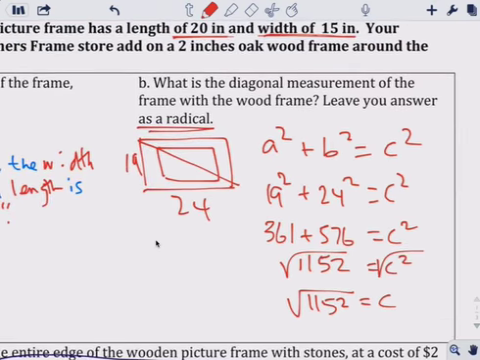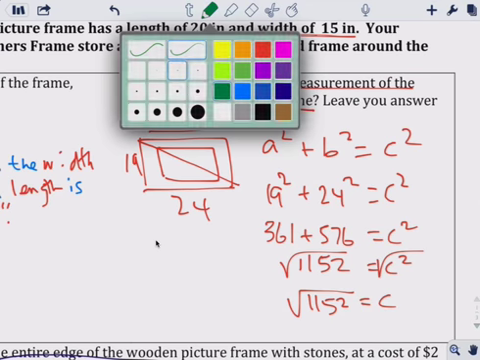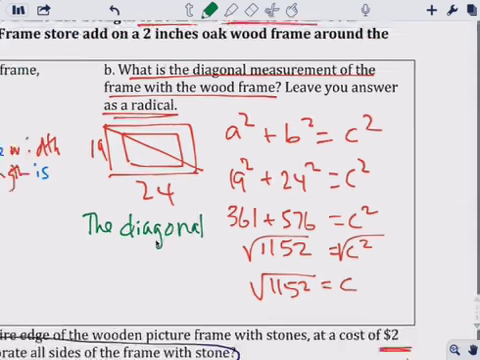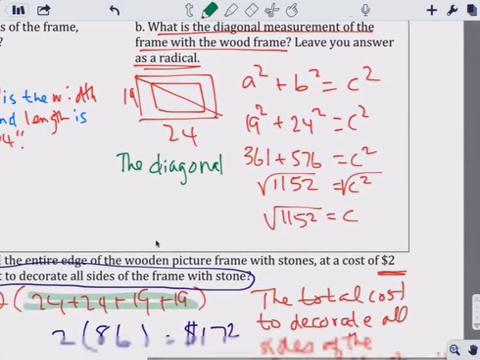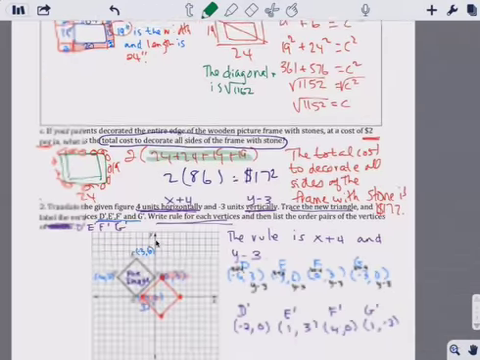And the question is, what is the diagonal measurement of the frame with the wood frame? The diagonal measurement is the square root of 1152. You guys finish writing this because it'll take time for me. Diagonal measurement, okay? You understand.